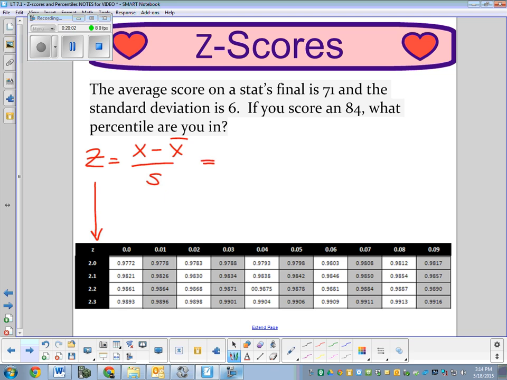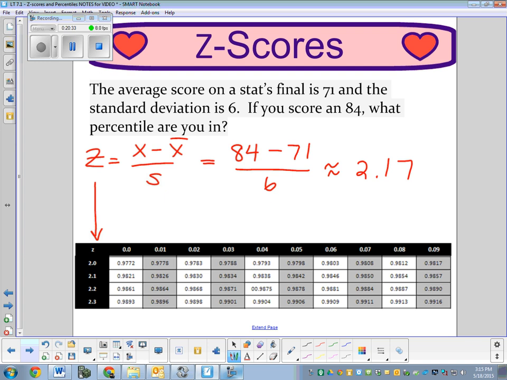The z-score for our data will look like this. 84, that's your data, your score, minus the mean, divided by the standard deviation. This gives us a z-score of about 2.17.